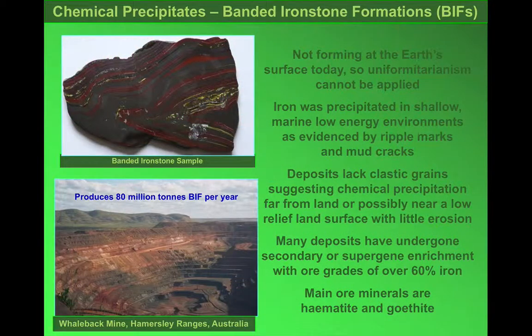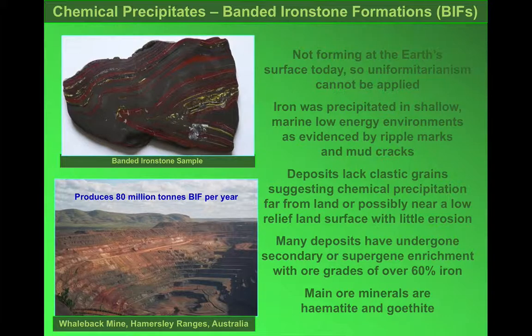This doesn't happen today. There's too much oxygen in our environment now. So these are confined to these ancient deposits. We tend to see these things without a great deal of clastic sedimentation. It does suggest that chemical precipitation was the dominant process in this.